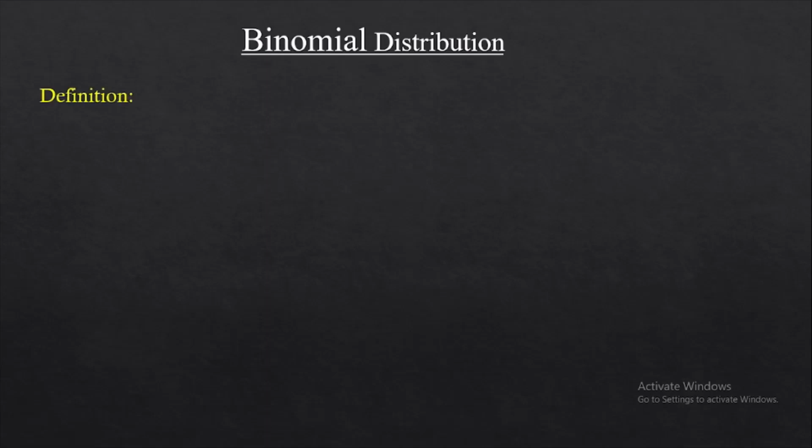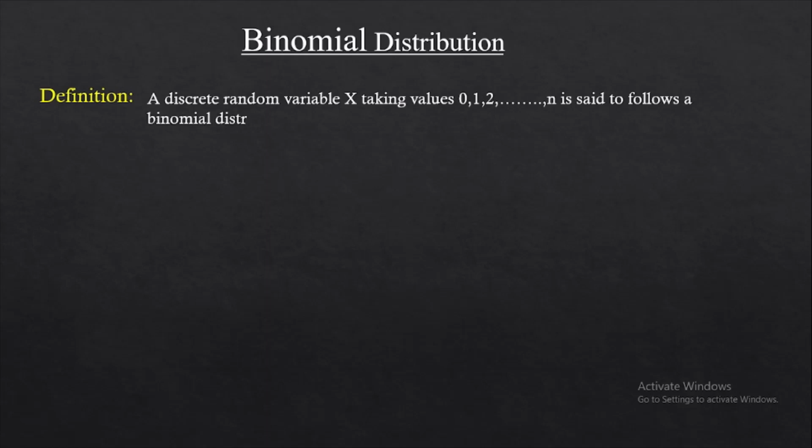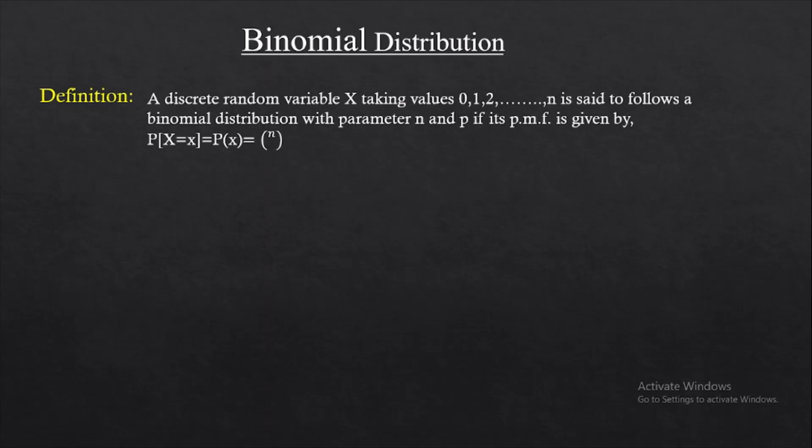So first of all, let's see the definition of binomial distribution with its PMF, probability mass function. A discrete random variable X taking values 0, 1 up to n is said to follow a binomial distribution with parameters n and p if its PMF is given by P of capital X equals small x.